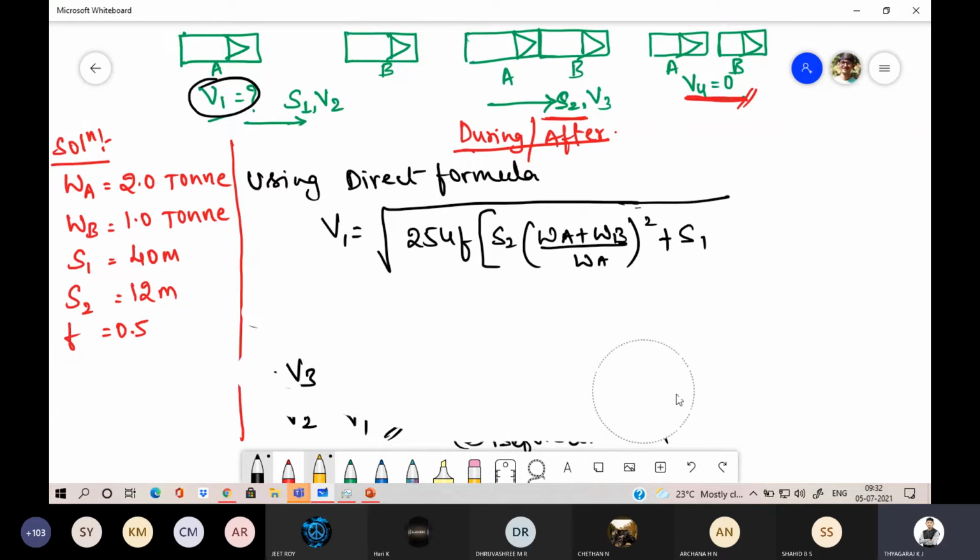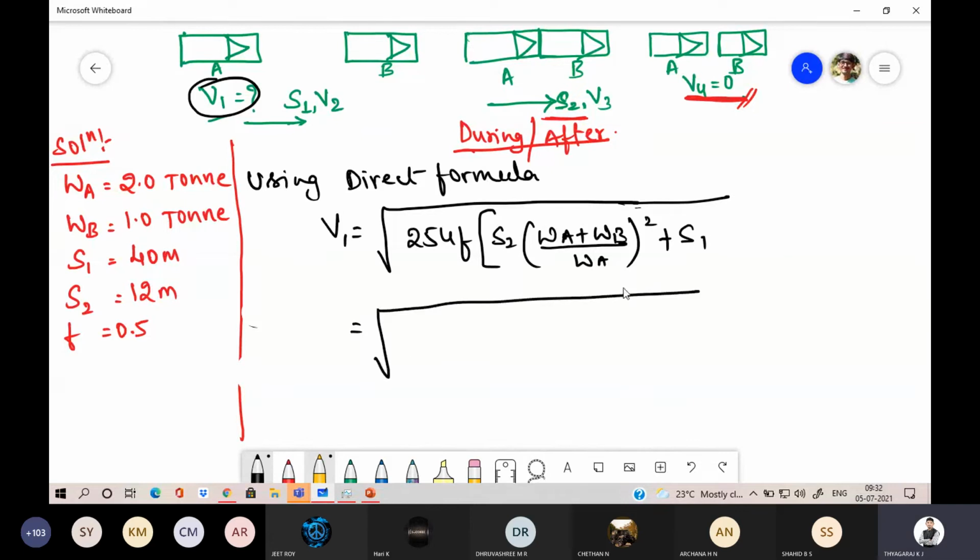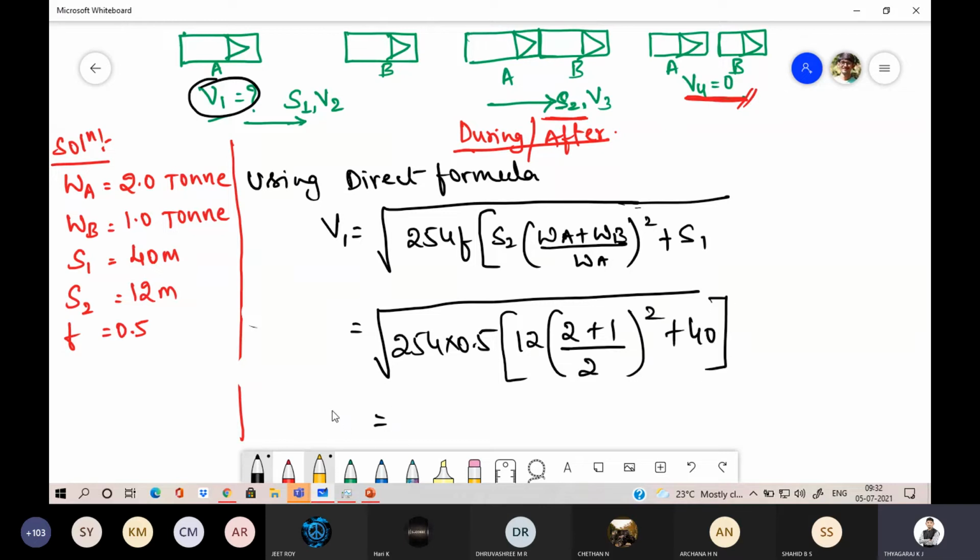Input all the values to get the V1 speed. So 254 into 0.5, S2 is 12, (2 plus 1) by 2, whole square, plus 40. Calculate the value. Are you getting the same value?